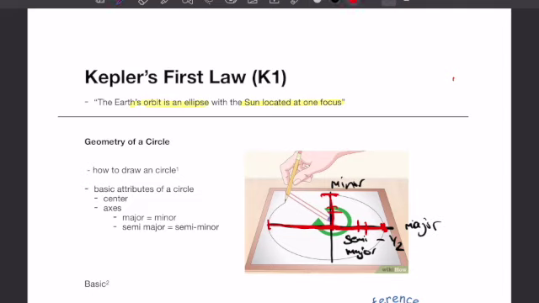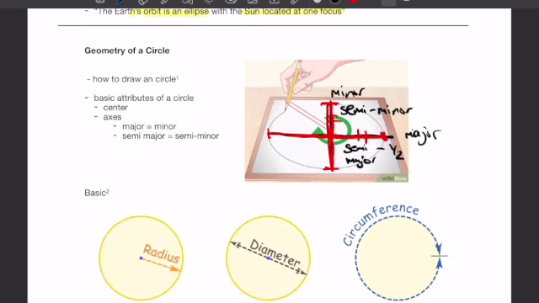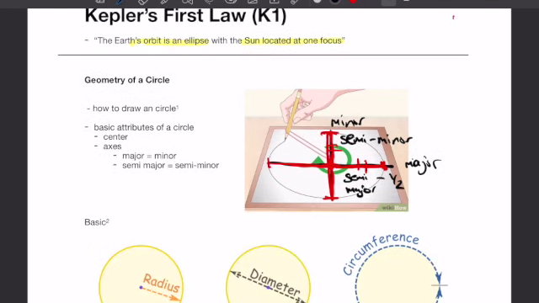Similarly, the minor axis, which is this whole distance equal to the diameter, 1/2 of it is the semi-minor axis. Of course, this makes no difference in a circle because they are similar. But as you might guess, in an ellipse, those two axes, the major and the minor, are different from each other. So let's just go over some terms that may or may not be familiar to you.